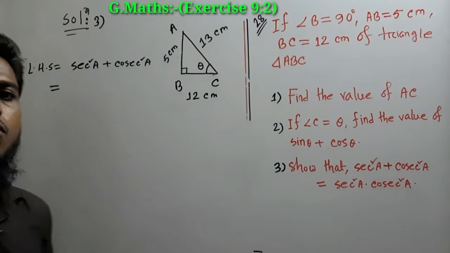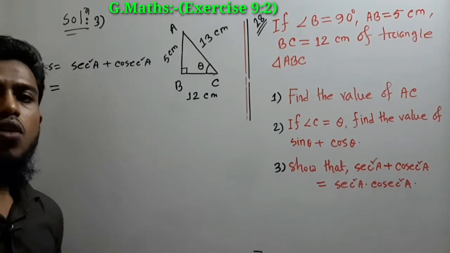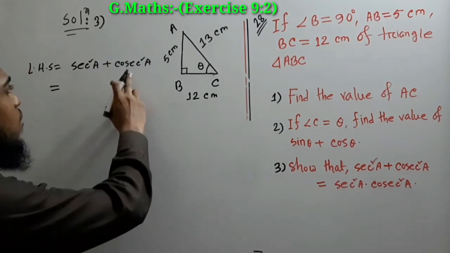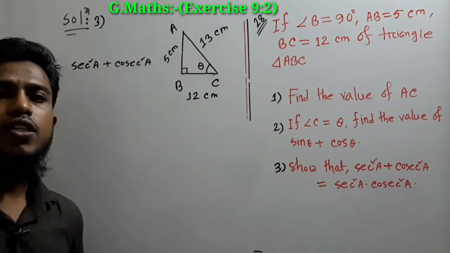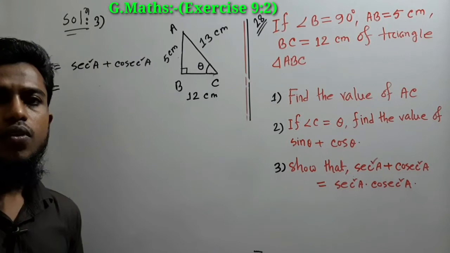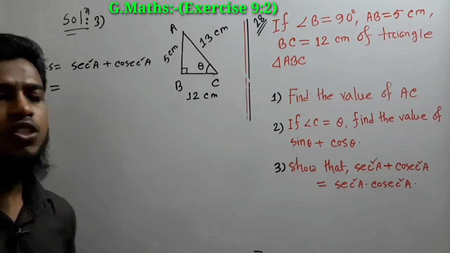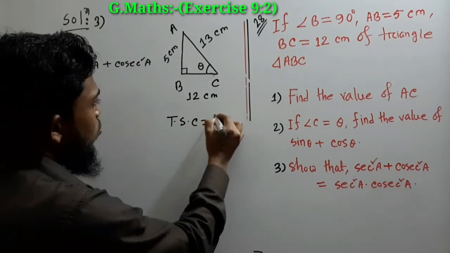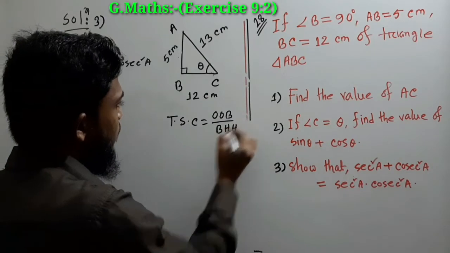Dear students, if you find the ratio of sec square A, you have to know the ratio of cos A, and if you find the ratio of cosec square A, you have to know the ratio of sin A. So I will give you a shortcut technique for memorizing trigonometric ratios. TSC equals OOB divided by BHS.